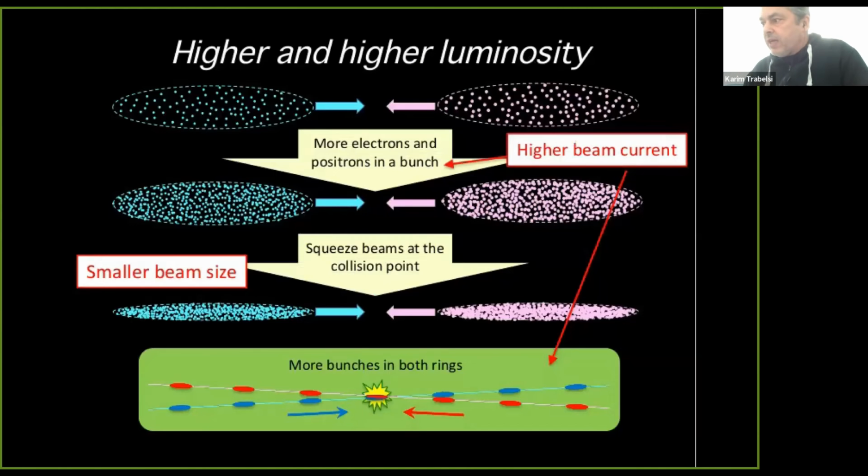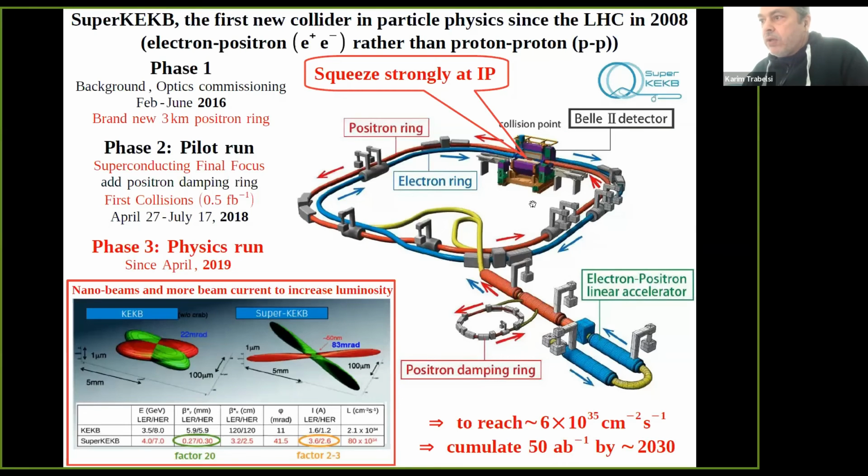So this is what I was talking about when we talk about nano beam. We squeeze the beams, and the quadrupoles in charge of squeezing them become closer to the IP and allow us to reach those conditions, which I summarize in the next slide as the major ingredients to improve the luminosity.